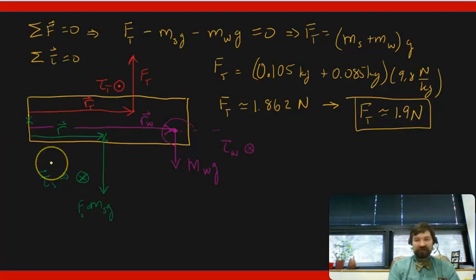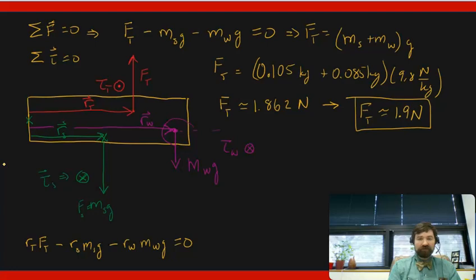So if I put all these things together, what I basically have is R for the tension times F for the tension, which is positive, minus R for the stick times MS times G, where MS is the mass of the stick, and this radius that points to the location of that force is R stick, and then minus RW times MWG should all be 0.